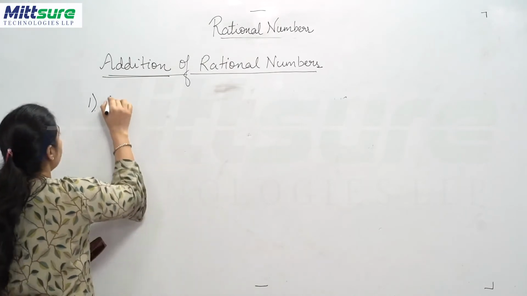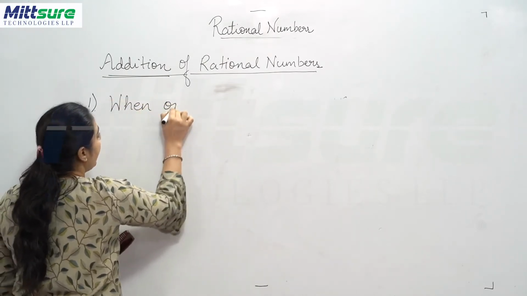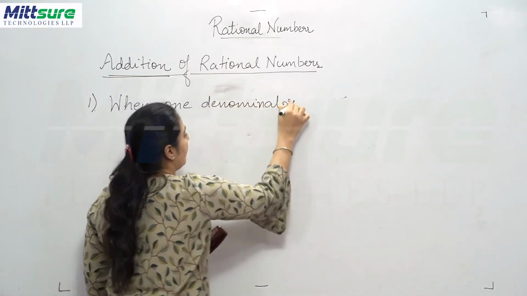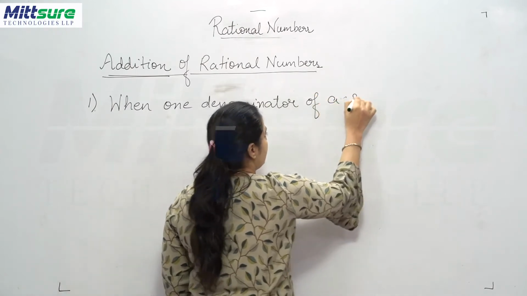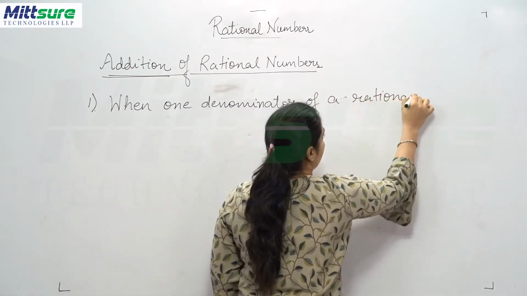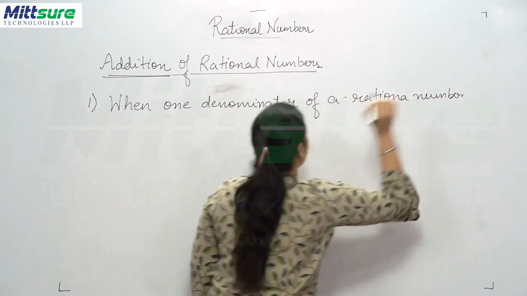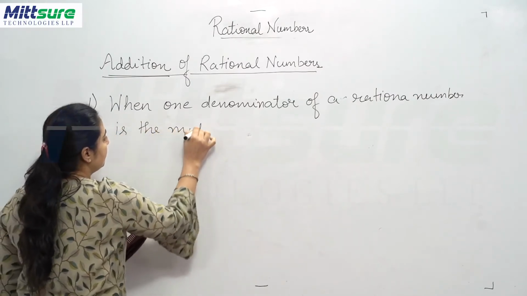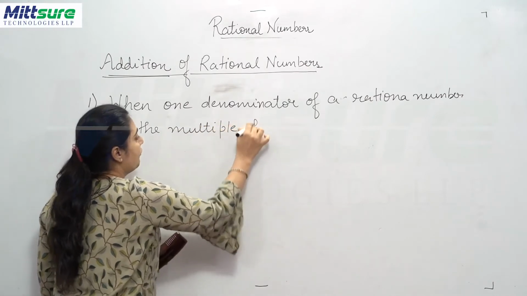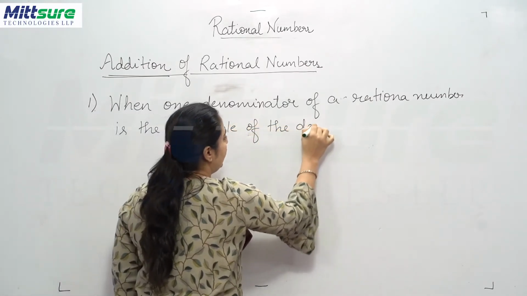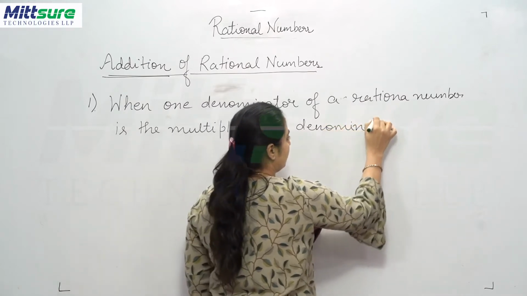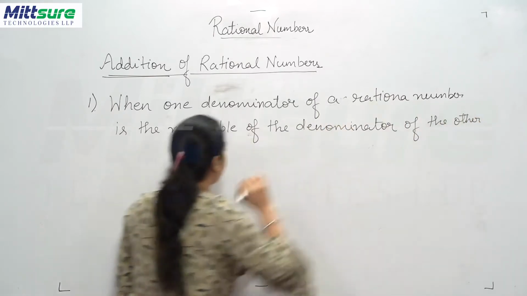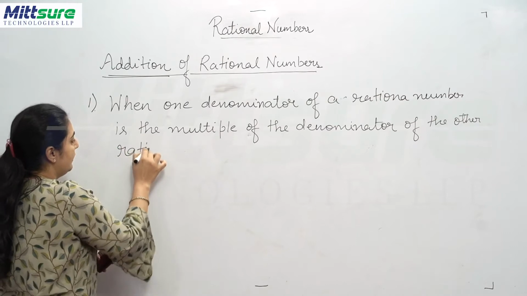The condition says when one denominator of a rational number is the multiple of the denominator of the other rational number.